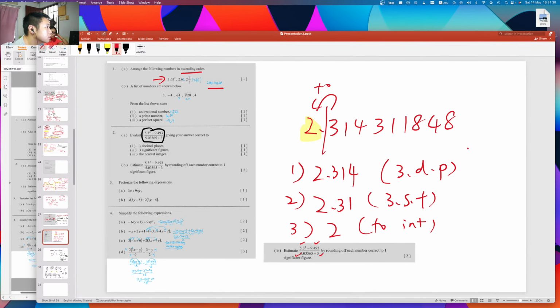So you round first. So 5.3, you round to one significant figure is 5. Okay, good. So this one replaced by 5. 5.3 replaced by 5. Okay? So this one becomes 5 square, right? Because just now you found 5.3 square. Yeah. Next. 9.493. One significant figure.